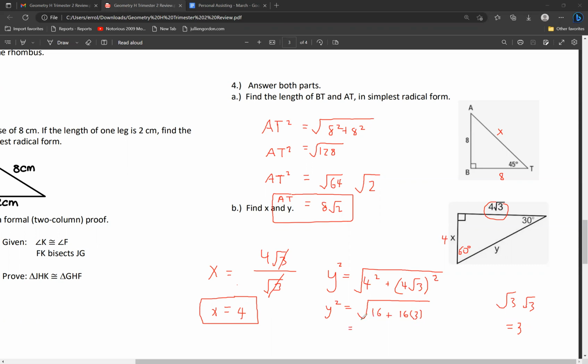What's 48 plus 16? 64. Okay, and then what's root 64? What number times itself is 64? 8. So you've got y equals 8 and x equals 4.